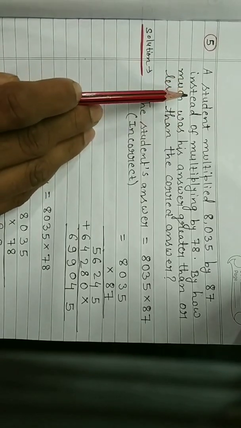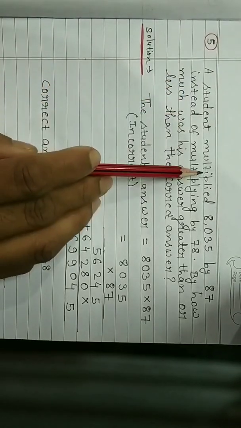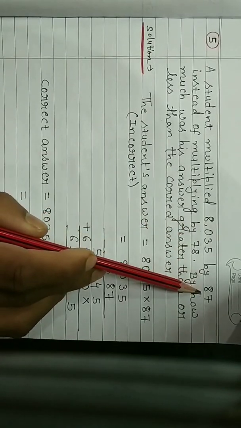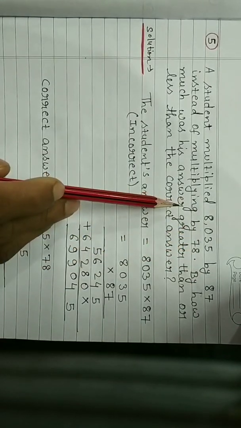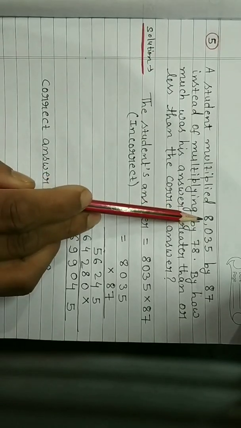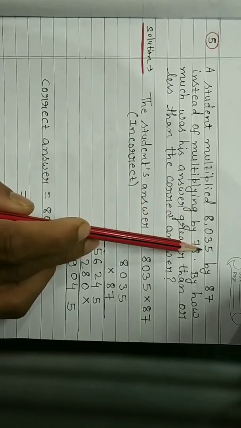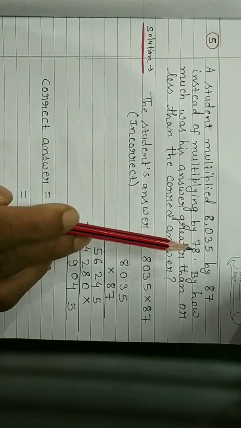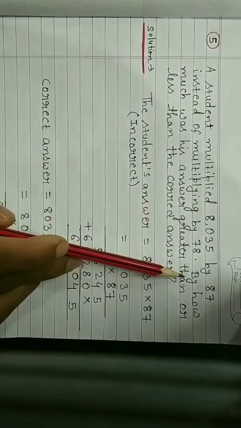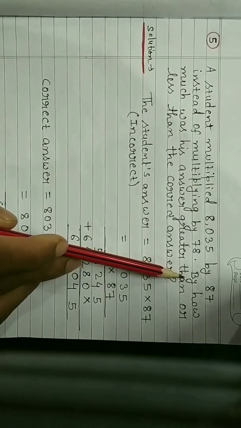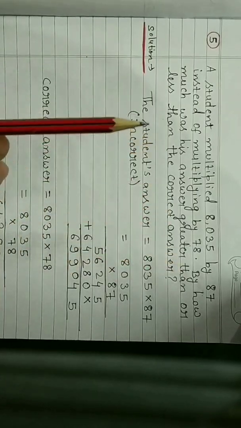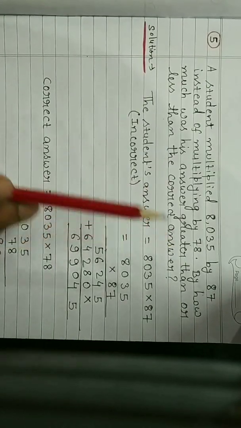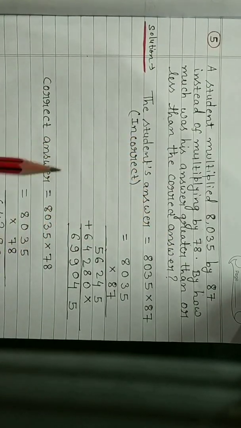A student by mistake multiplied 8,035 by 87, but he had to multiply this 8,035 by 78. So his answer is wrong. So we have to find how much his wrong answer was greater or less than the correct answer.